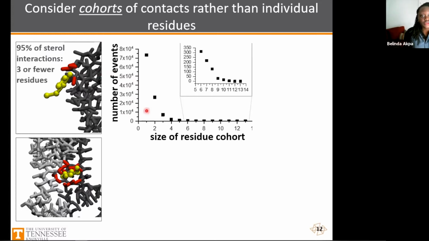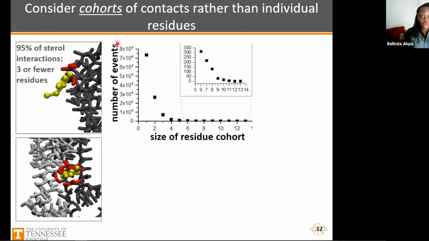So if you start to look at the different contact instances from the cholesterol molecule's perspective and say, if I'm a cholesterol molecule, how many protein residues am I in contact with when I form a contact with the protein? We actually found that the vast majority, 95% of our contacts, are short-lived and only involve a few residues.